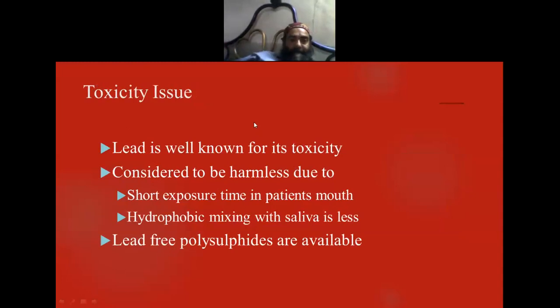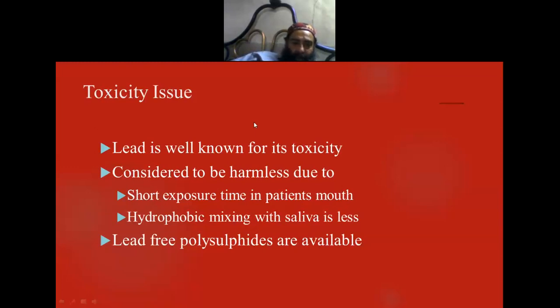Toxicity issue. Lead is well known for its toxicity, obviously, but it is considered to be harmless in impression materials, due to why? Because it has a short exposure time in the patient's mouth and it is hydrophobic.